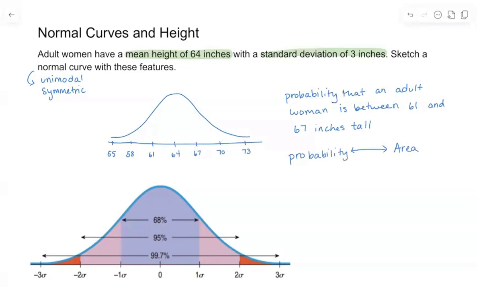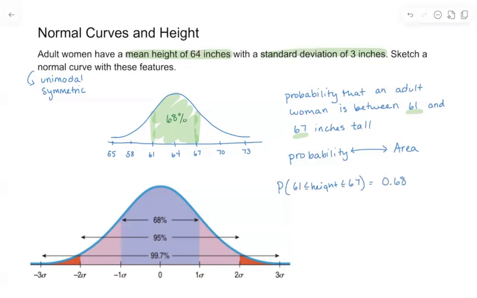And so if I think about where 61 and 67 are, they are at -1 and +1 standard deviation. And I know that 68% of my data, and therefore 68% of my area, is in this region. So I can say that the probability that a woman's height is between 61 and 67 inches tall is 0.68.